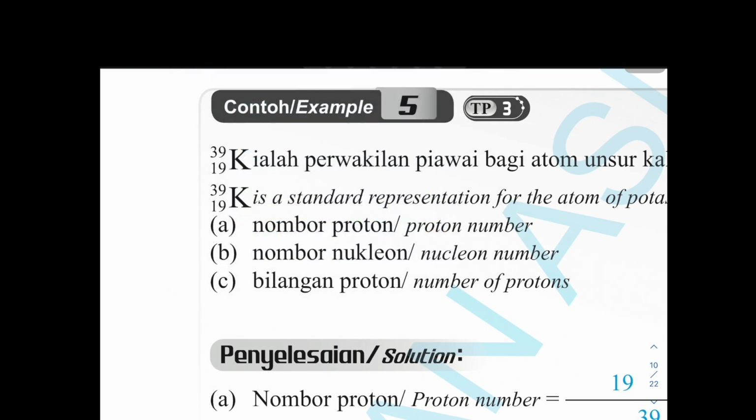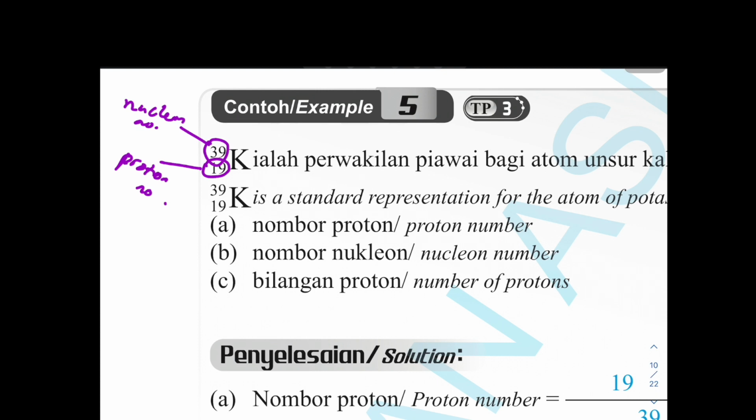This is the nucleon number. 19 in this case is a proton number. K is the symbol of element, which is the symbol of element of potassium, K with capital letter.